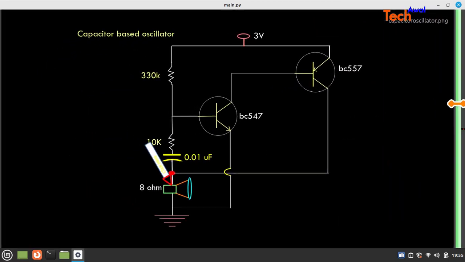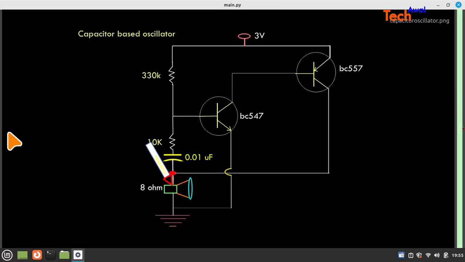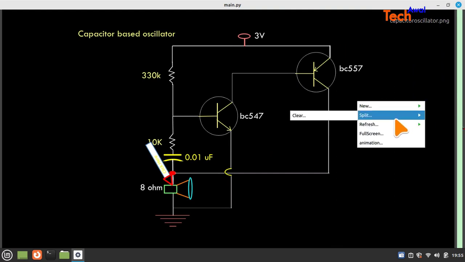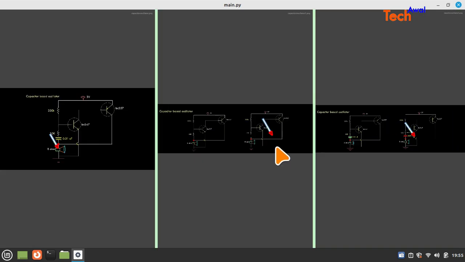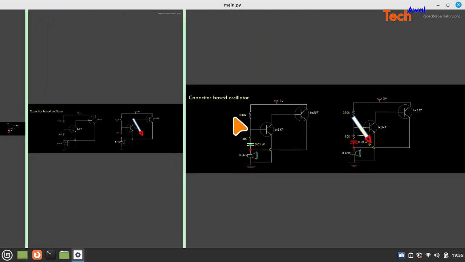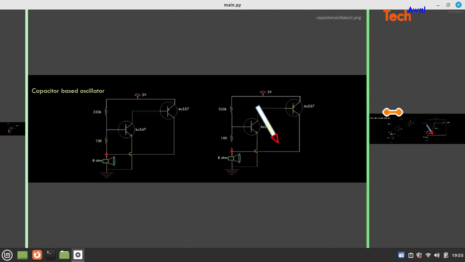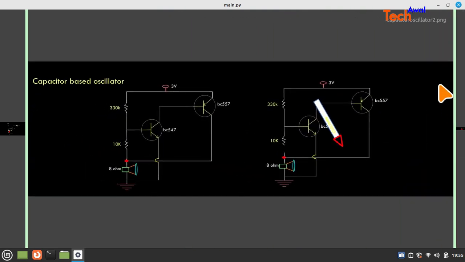If the capacitor is discharged, it will again behave like a short circuit.